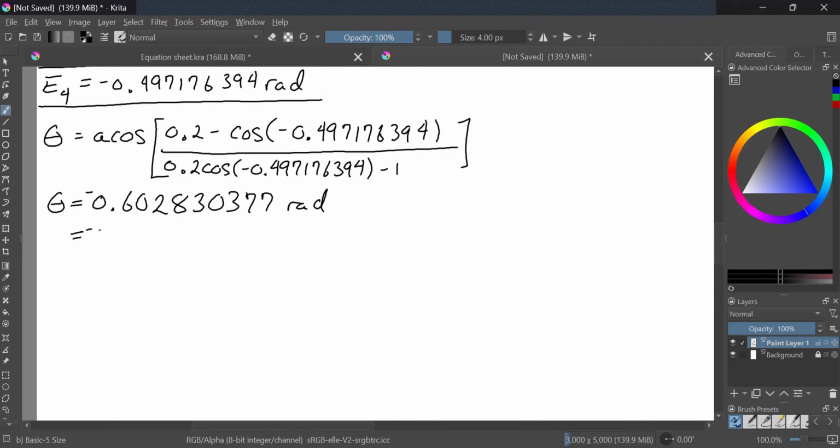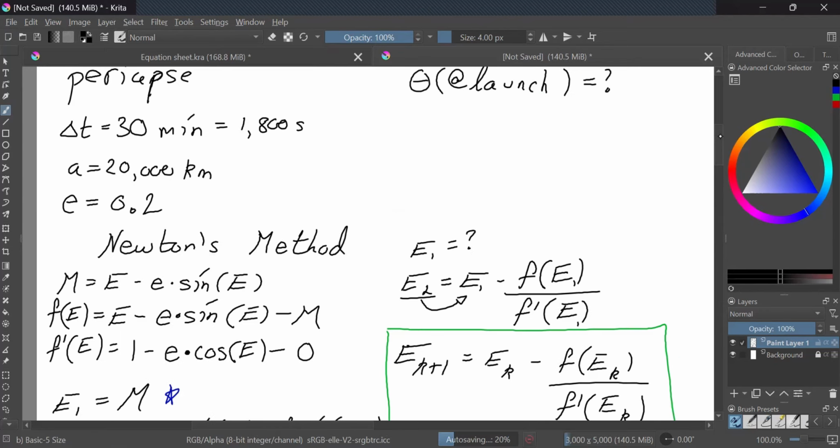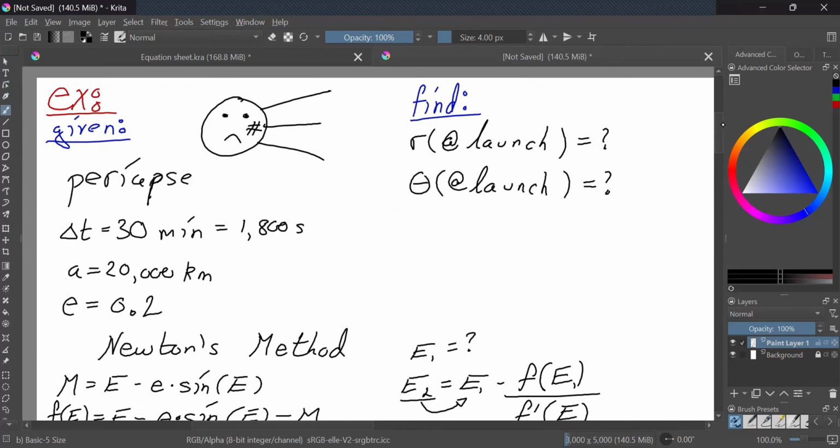So that becomes minus 34.53963637 degrees. Which was actually one of the requirements that we needed. So we have it now.